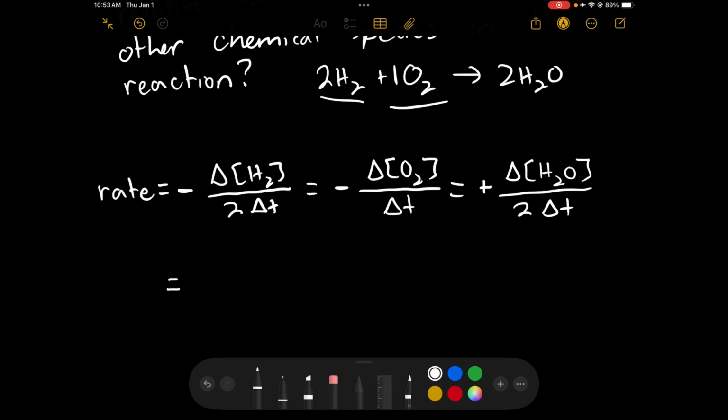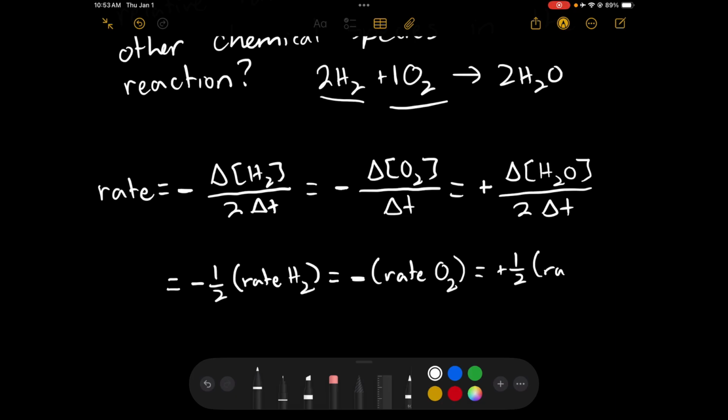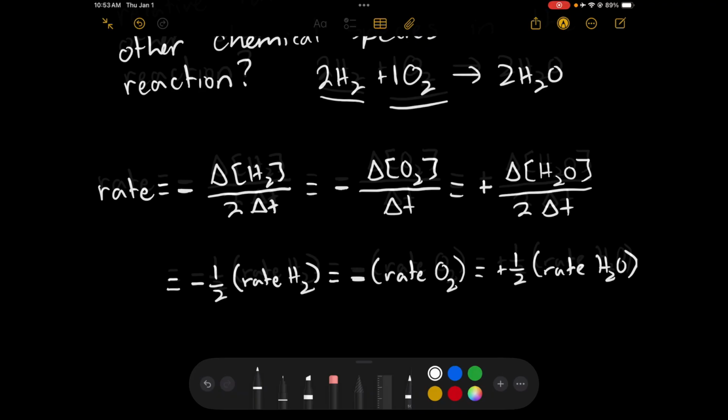So we know that negative 1/2 of the rate of H2 is equal to negative rate O2 is equal to positive 1/2 rate of H2O.